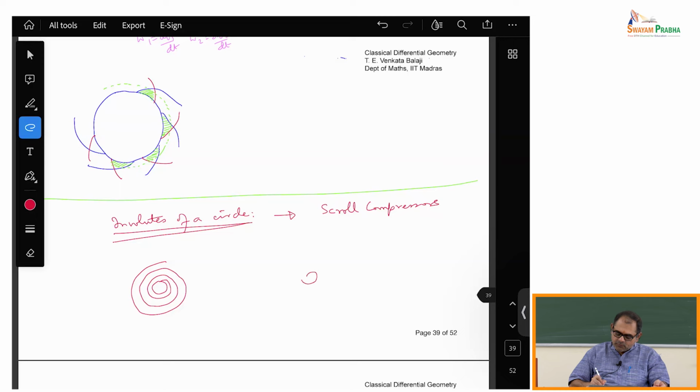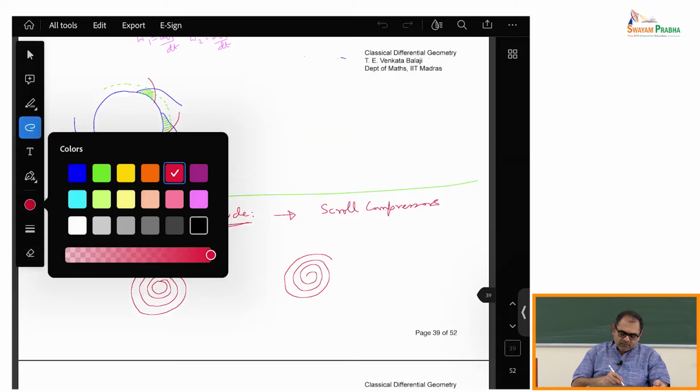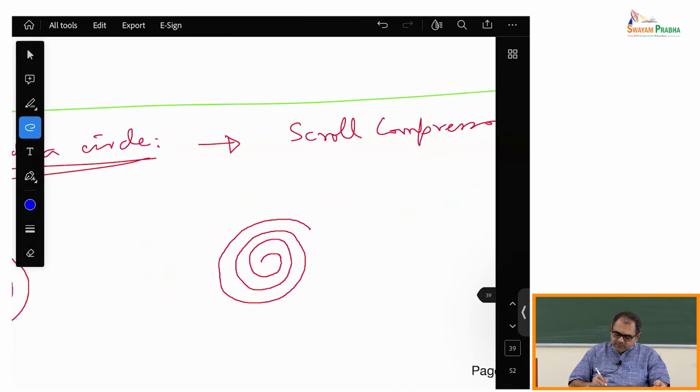So you take two of these spiral things, and I'll draw another one in a different color. So you see something like this. The point is that you keep one of the spirals fixed, and move the other spiral so as to touch the first one.